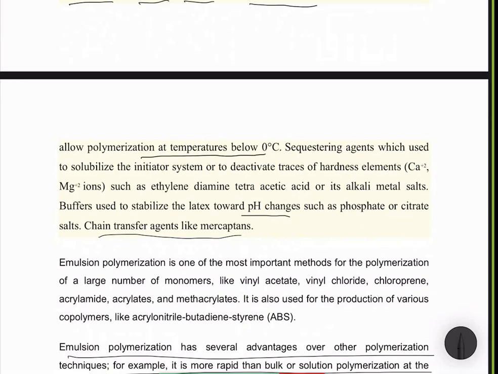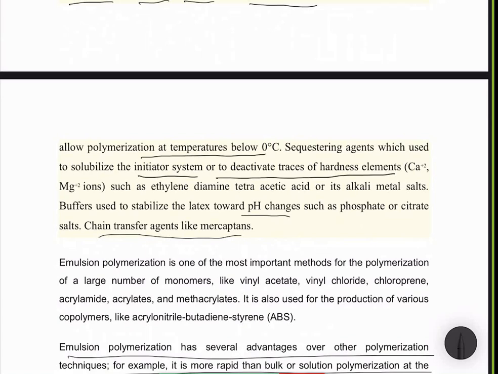Apart from this, you can use sequestering agents, which are used to solubilize the initiator system or to deactivate traces of hardness elements like calcium ion, magnesium ion, etc. in water, because they can change the ionic strength and destabilize the micelles, and the action of the surfactants can be hampered.